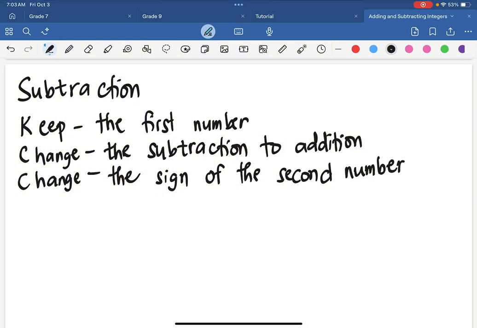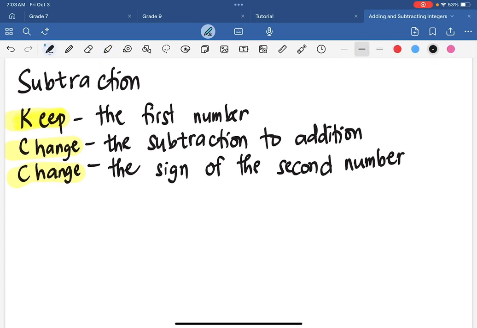So I'll just highlight these words. So keep, change, change. Yeah, that's it. Now, for example, we have here 7 minus 3.